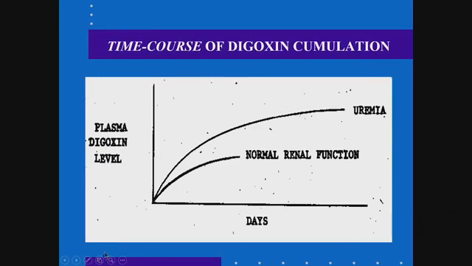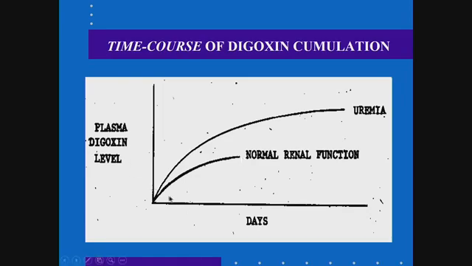Now, practically, think about an individual with normal renal function that is receiving 1/4 milligram of digoxin for maintenance and approaches the plateau concentration in approximately 7 days, as we saw in our example.